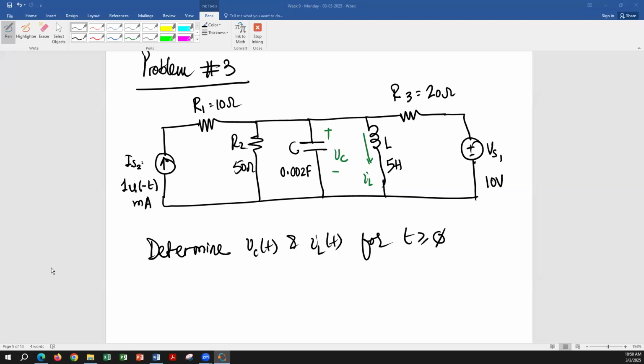All right, guys. So what is going on before t is equal to 0? Before t is equal to 0, how can you analyze the circuit?